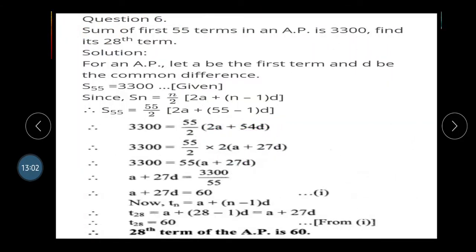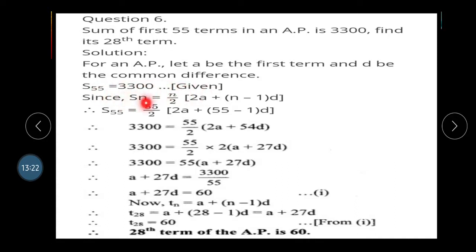Question number 6. The sum of the first 55 terms in an AP is 3300. Find its 28th term. Solution. For an AP, let a be the first term and d be the common difference. S55 is given as 3300.